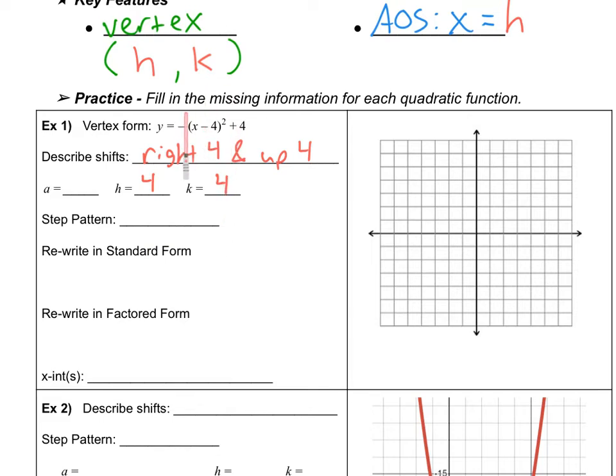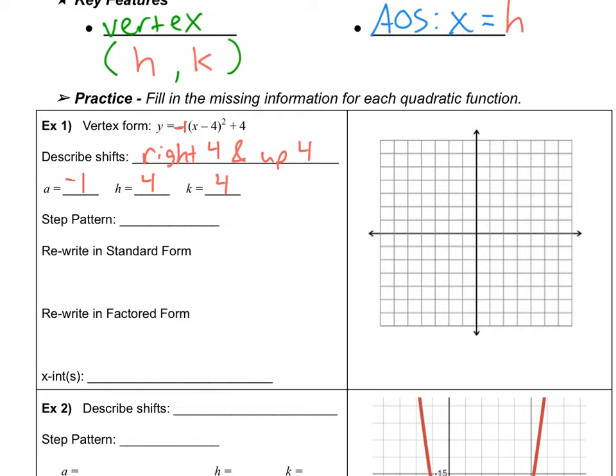What's the a value out here? Negative 1. There's a negative there, so don't forget, that's like negative 1 in disguise. If you were to multiply everything out, you would end up with negative 1 for your a. Now we have what information? What does that tell us, that a of negative 1? What's it tell us, Morgan?